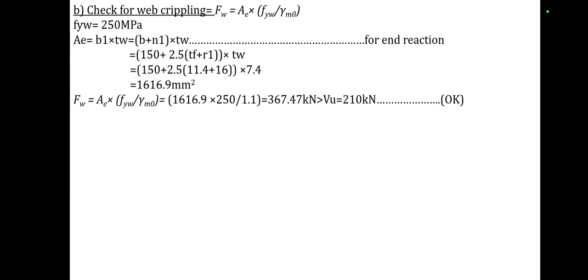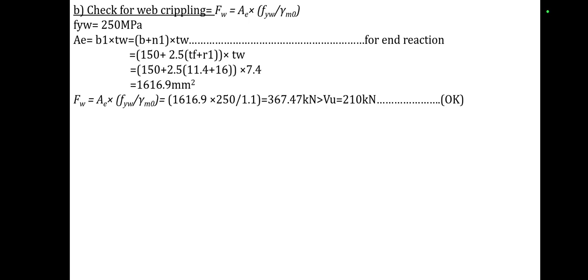Then the next check is the check for web crippling. FW is equal to AE into FYW divided by gamma M0. FYW is equal to 250 MPa. Therefore, AE is equal to B1 into TW, which is equal to small b plus N1 into TW for the end reaction.